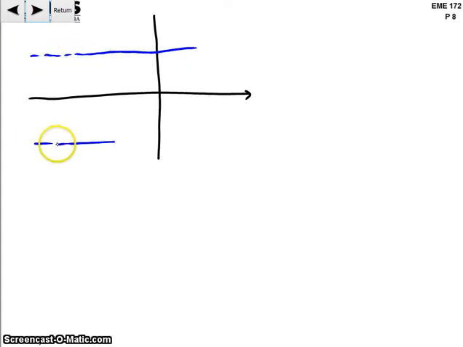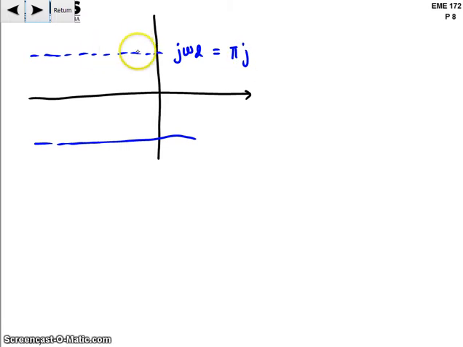This intersection is j times omega d, so we've got to have that be equal to pi times j. The poles are going to have to be above this line or below this line, since they're going to be complex conjugate pairs.